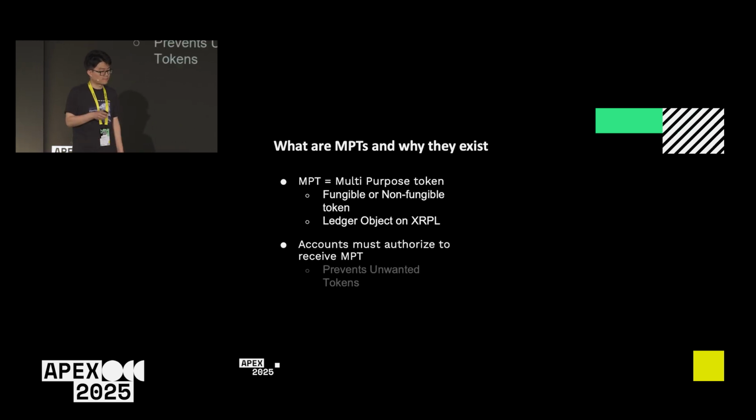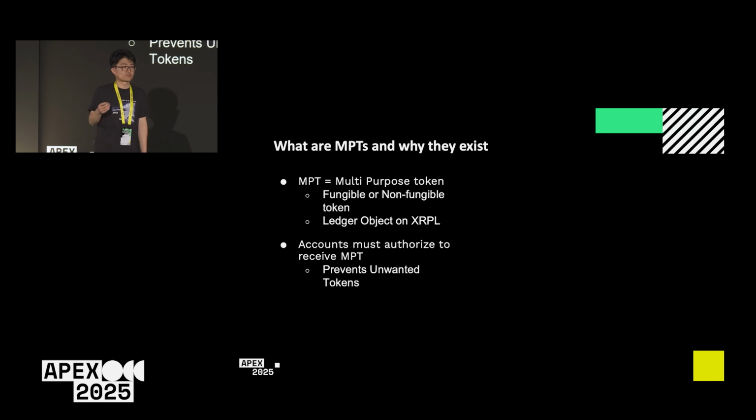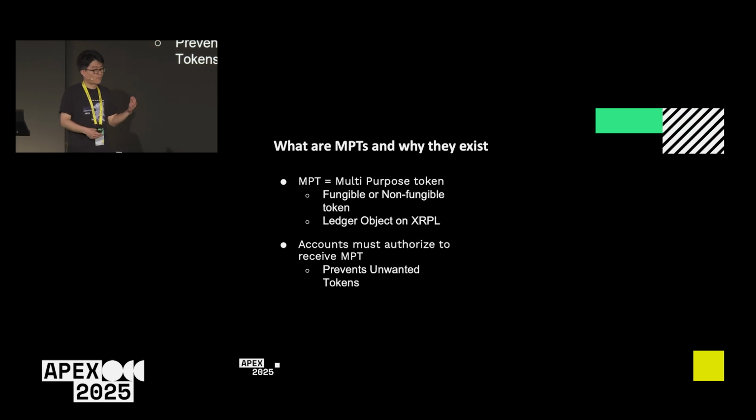And this prevents unwanted tokens from entering your account. For example, I'm sure most of you, or maybe all of you, don't want to wake up one day and see some random transactions going into your wallet. You're going to feel like that's pretty suspicious, right? With an MPT, you know what you're going to get, and so you first authorize to receive an MPT.